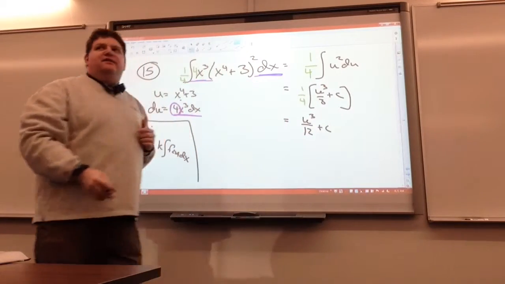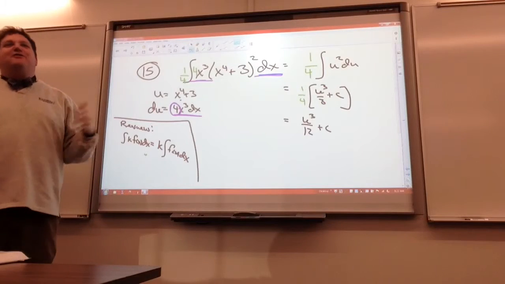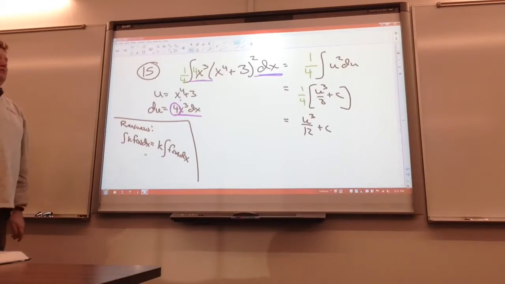You don't have to write c over 4, okay? You can if you wanted to, but I wouldn't. C is just an unknown constant that we know should be there. Multiplying it by 1/4 keeps it as an unknown constant. So we just write it as c, okay?